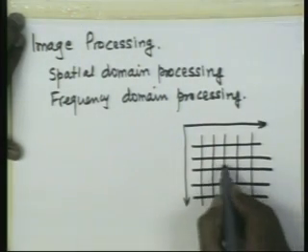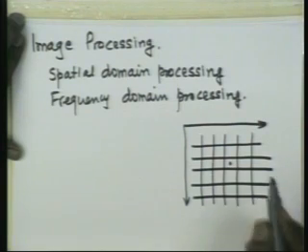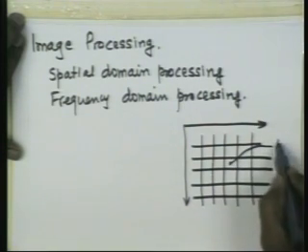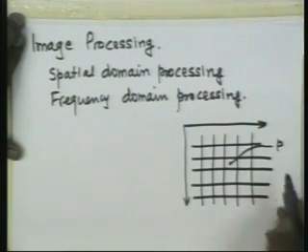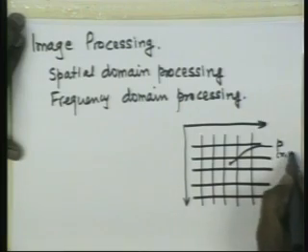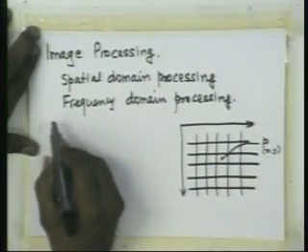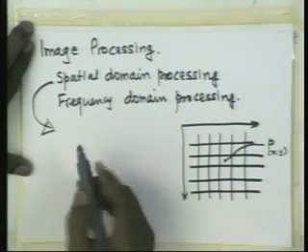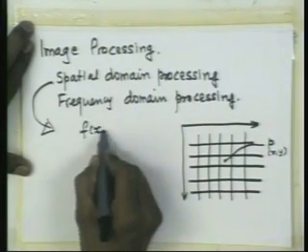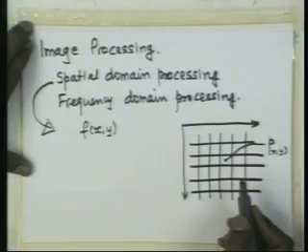If I take one particular pixel here, say pixel P with some coordinates x and y, then my image in the spatial domain is represented by this function f(x, y) for all different values of x and y belonging to the image.